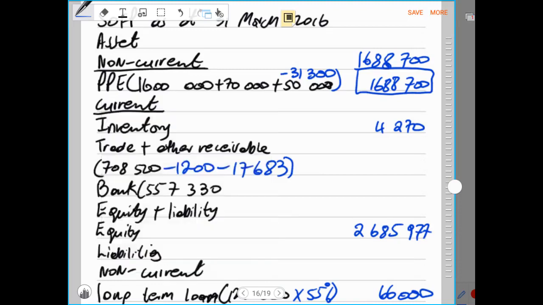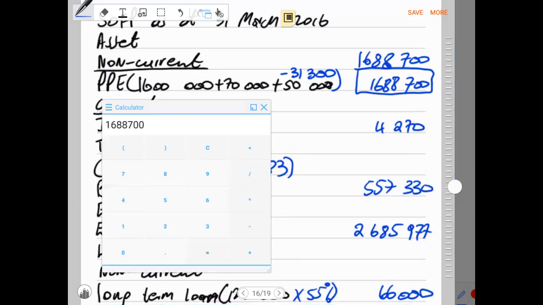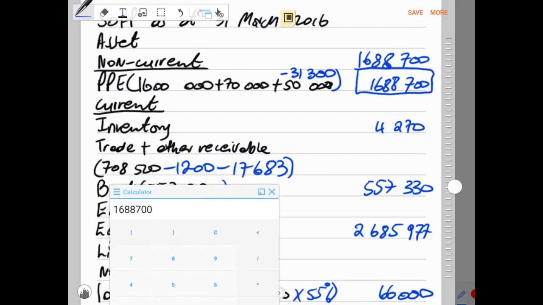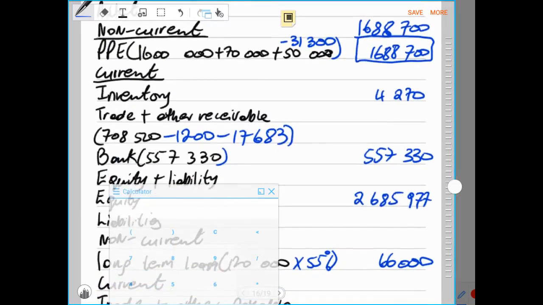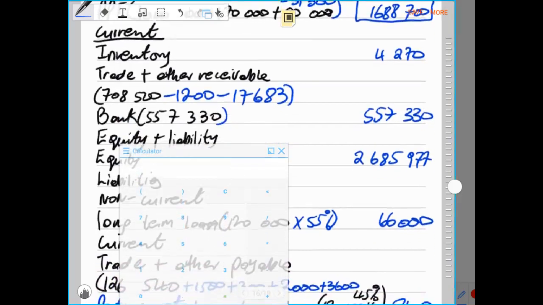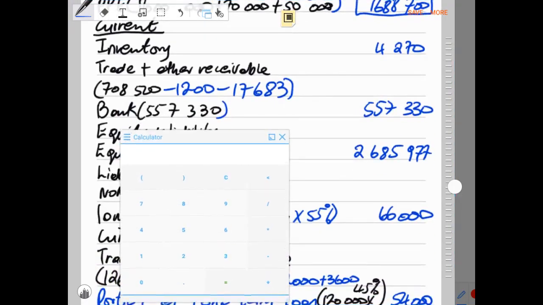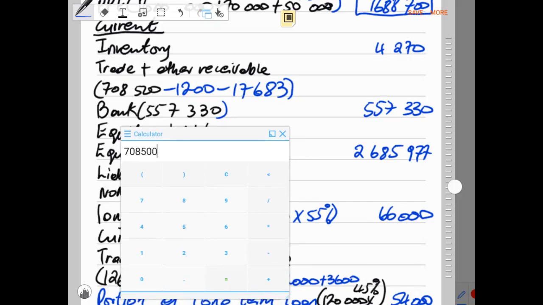Then we add all the assets. When it comes to bank, there was no difference. There was no entry to record. 557,330. Then after we have our trade and other receivables, which is 708,500, minus bad debt of 1,200, minus the allowance for credit loss that we have calculated, 17,683.